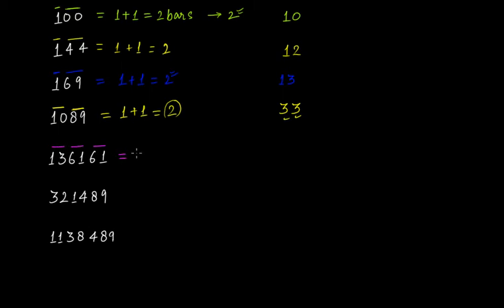Now in this case we have a total of 3 bars. Therefore, the number of digits in the square root of this square number will be 3, and the square root of this number is 369. So 1 digit, 2 digits and 3 digits here we have.